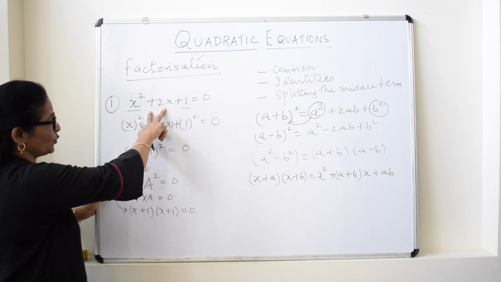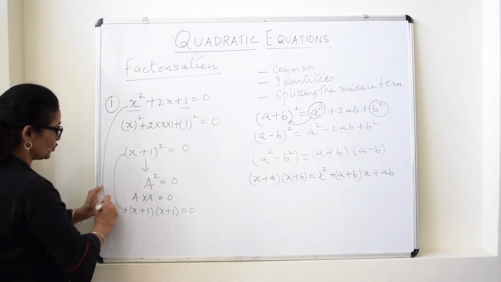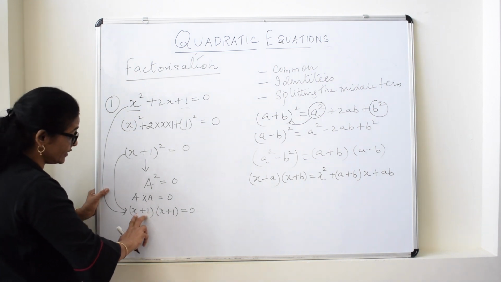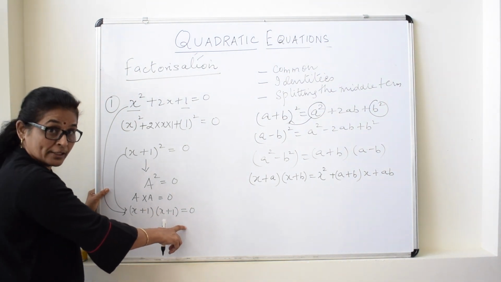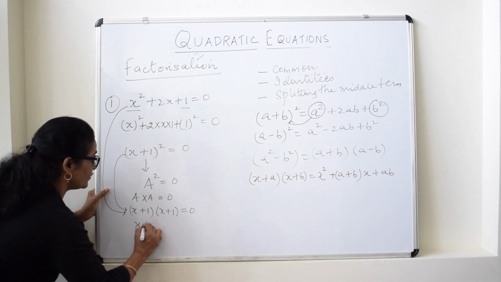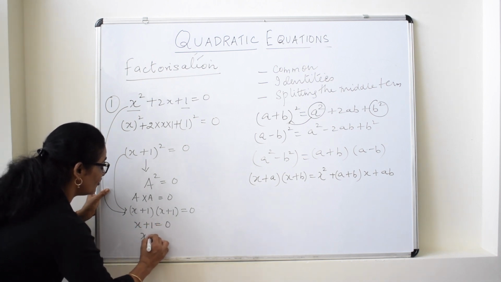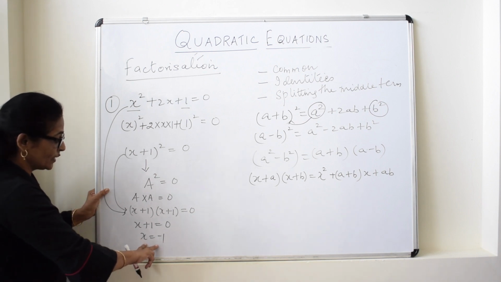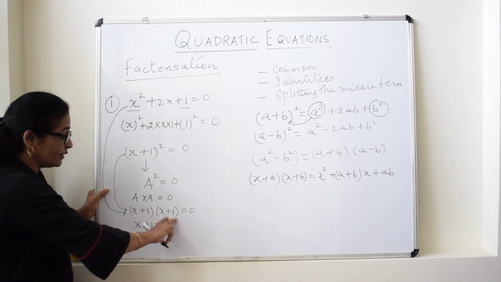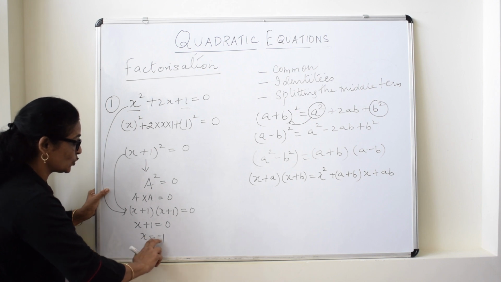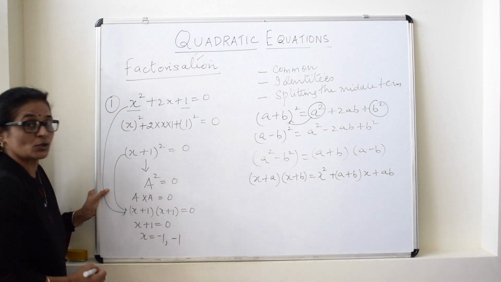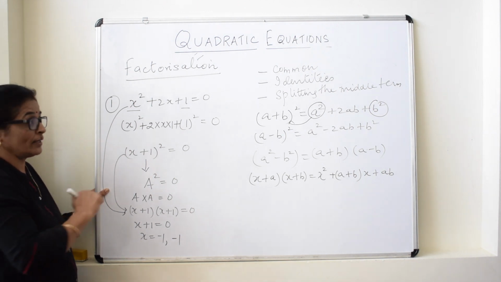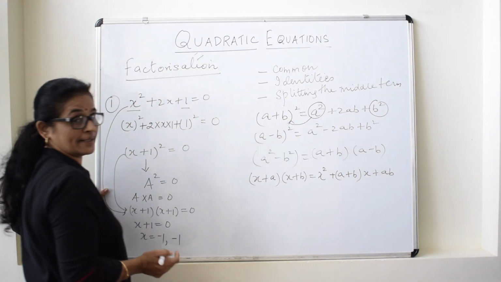This quadratic equation is changed into the product of two linear factors, and each linear factor will be equated to 0 and it will give us the value of x. Since both the factors are the same, the value of x is minus 1 in both the cases. So you can say x is equal to minus 1 and minus 1. How many values have we got? Two, but both are equal. What have we done? We have applied the identity.